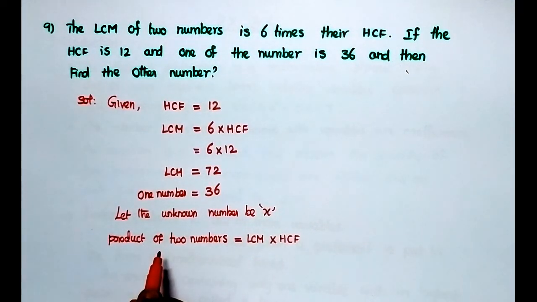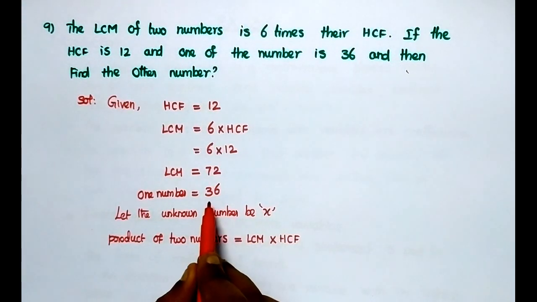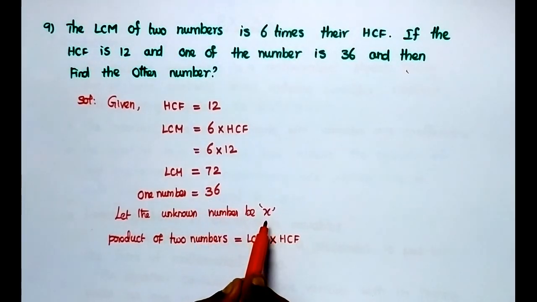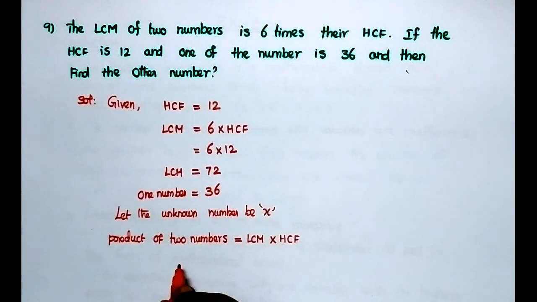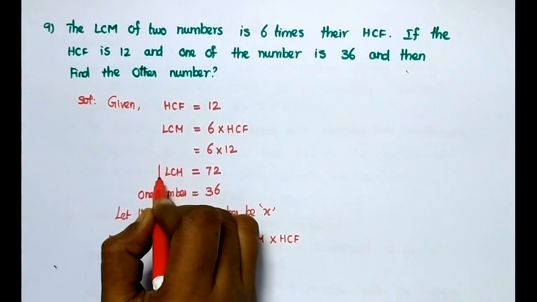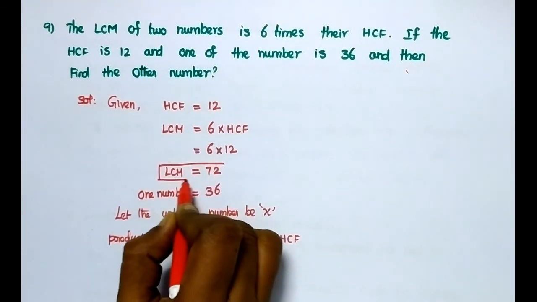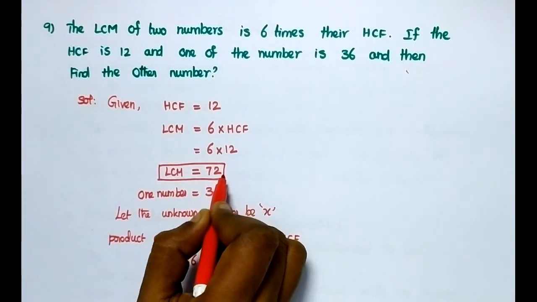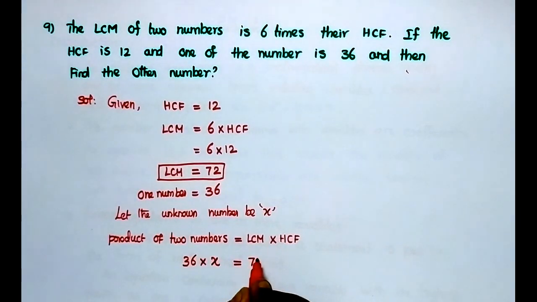Product of the two numbers. One number is 36, another one we don't know, so x. So 36 into x equal to LCM is what? We found that LCM is 72 into HCF is 12.